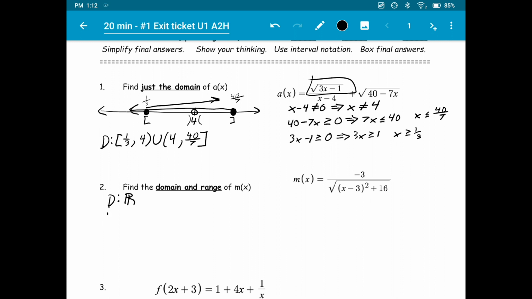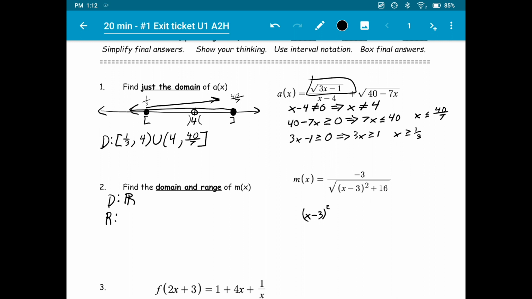To find the range, I like to start from the inside and work out. So the inside is just x minus 3. From x minus 3, I could have a range of negative infinity to infinity. But when I square that, my range is now going from 0 to infinity.